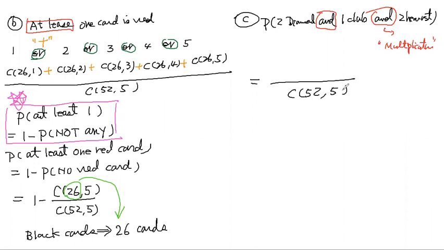For 2 diamonds, out of the 13 diamonds I need to take 2. One club, out of 13 clubs I need to take one. And two hearts, out of the 13 I need to take two. And because it's "and", I do the multiplication here. Now you can put this into your calculator and get the answer.